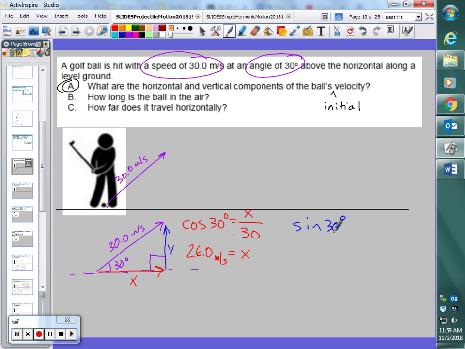So the sine of 30 degrees, the angle we were given, is equal to the opposite side, which I have labeled y in this picture, over the hypotenuse, which is 30. You can plug that into your calculator and find the opposite side of that triangle. You should end up with that value.